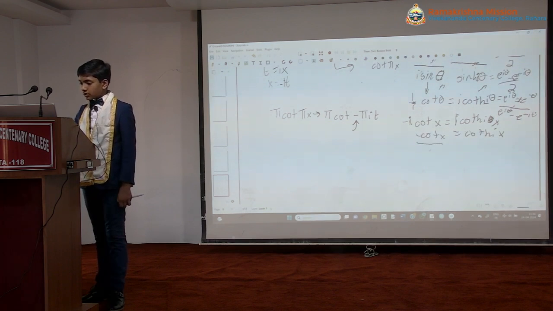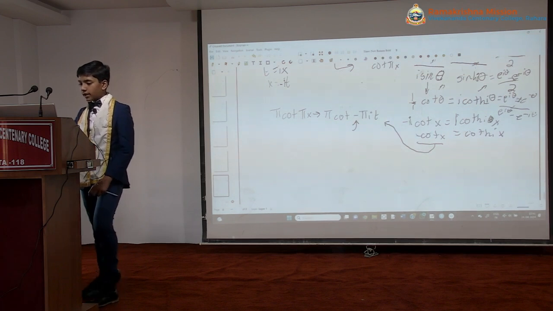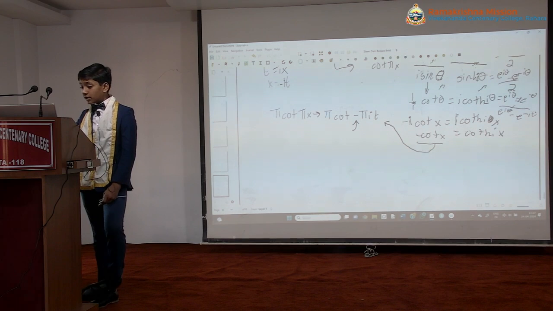Now, let's try using this. So, minus cotan x is equal to e to the i theta plus blah, blah, blah.